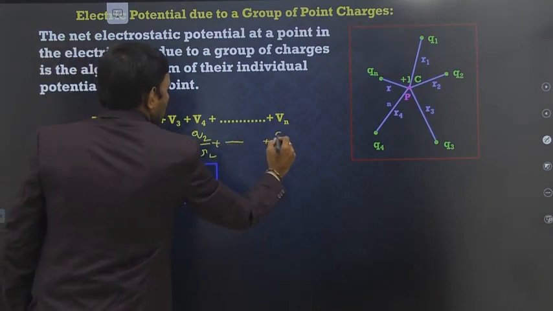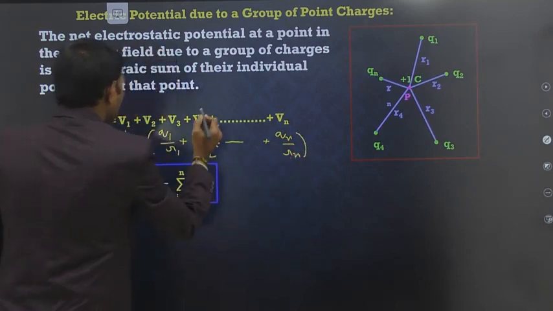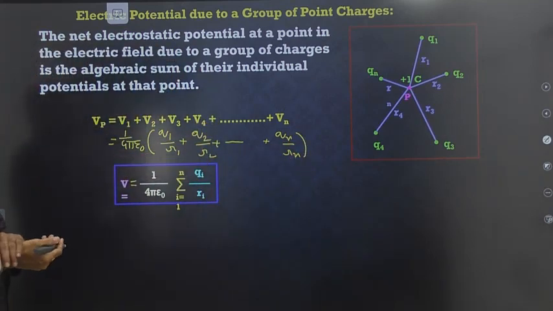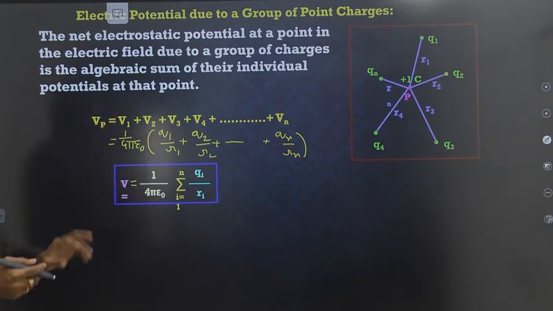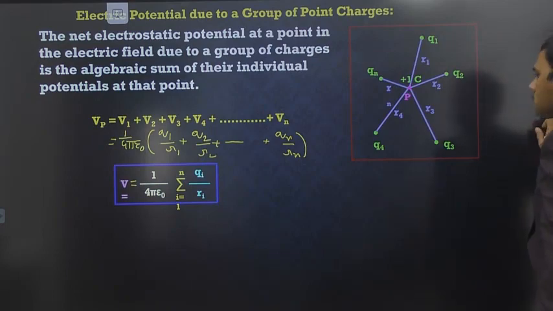Vn, Qn is at rn distance, Qn by rn. So this is simplified as sigma i equal to 1 to n, Qi by ri. This is the way of finding potential due to a group of charges.